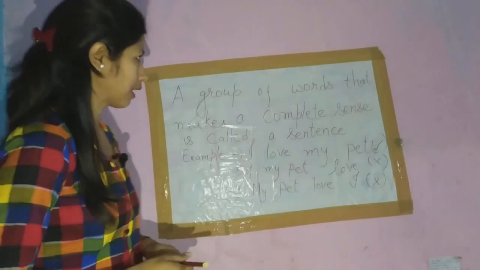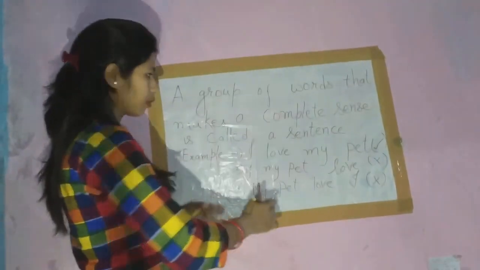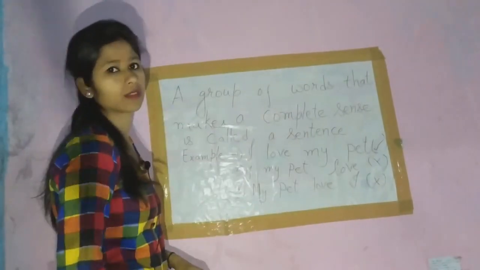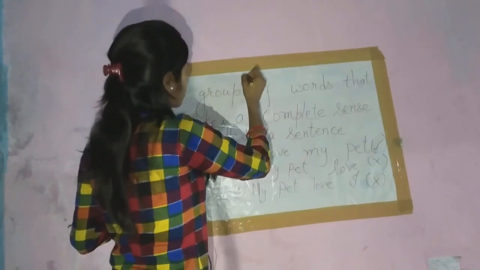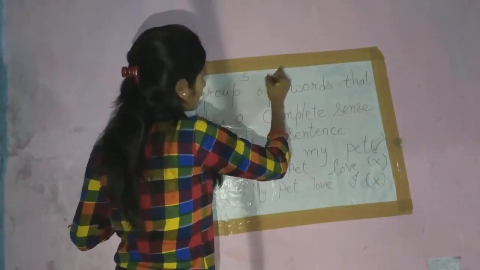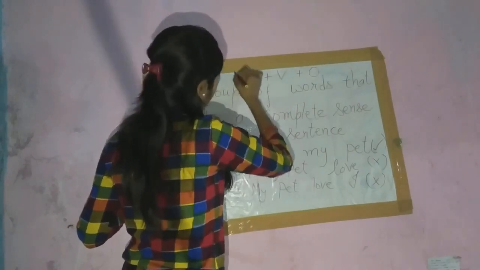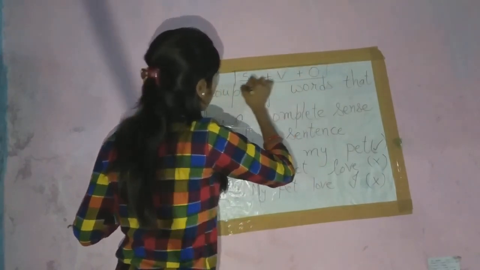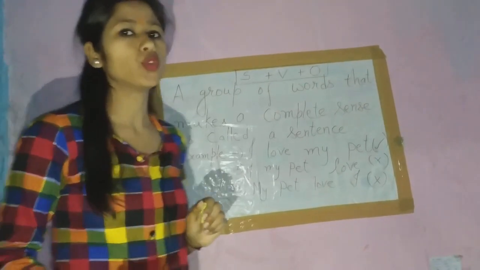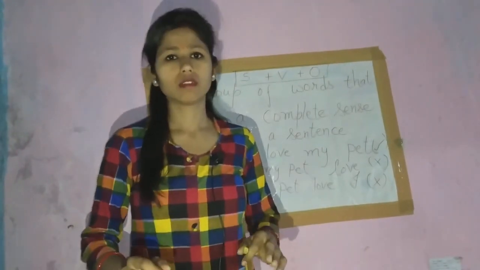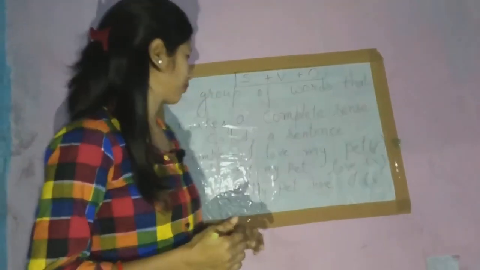To know this, there is a formula to frame a correct sentence. That is, subject plus verb plus object. If you remember this, it will be very easy for you to make a complete and correct sentence.